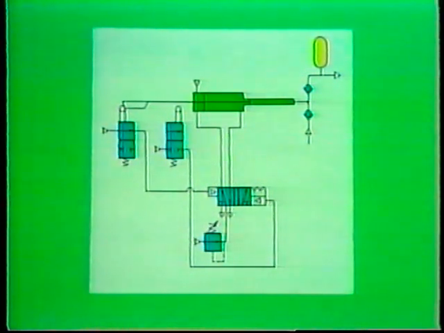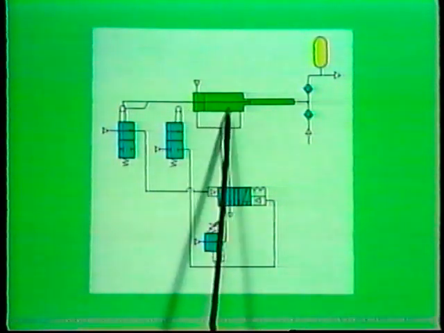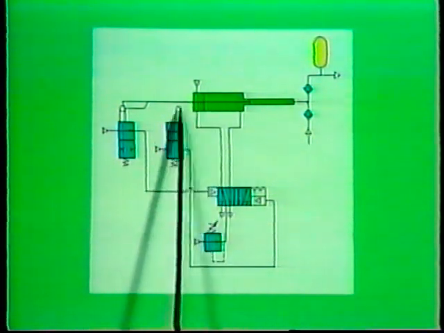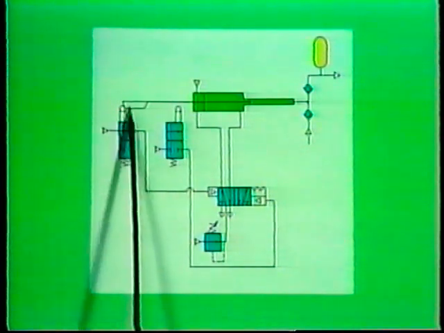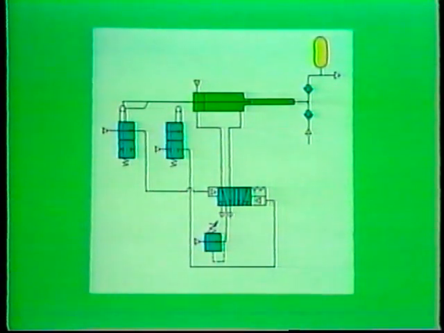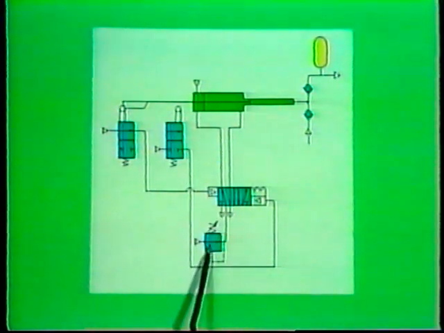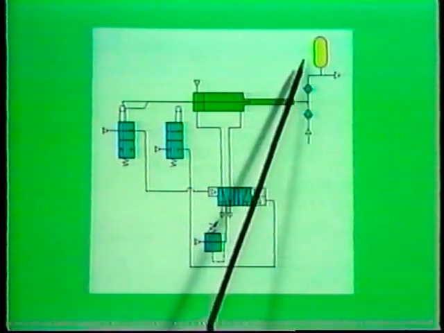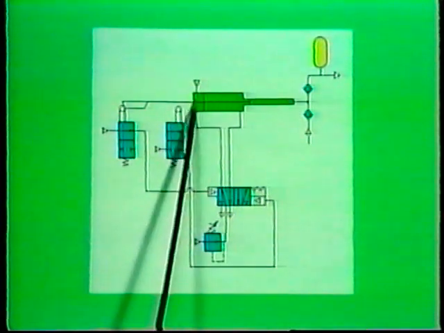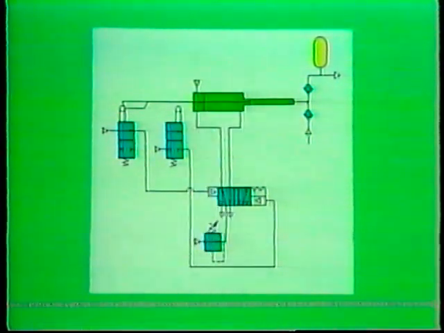When pressure is applied, the cylinder will cycle back and forth, its direction changed by the cam-operated valves that are actually working as limit switches. The final output pressure will be a multiple of whatever input pressure we set on this regulator right here. When the pressure in the receiver has built up and the forces on the input and output side of the pistons have reached a balance, the booster stops, and it won't restart until the receiver pressure drops.